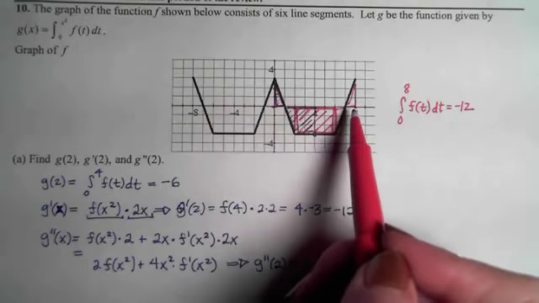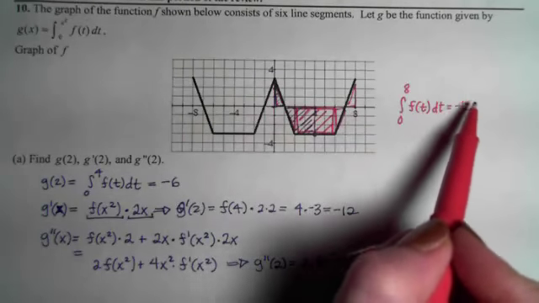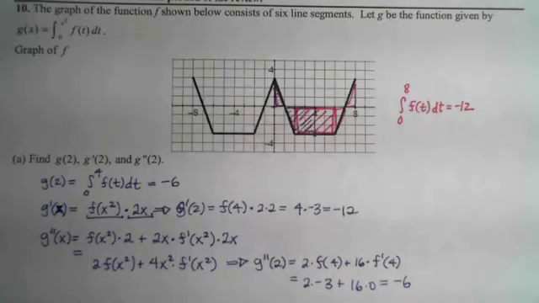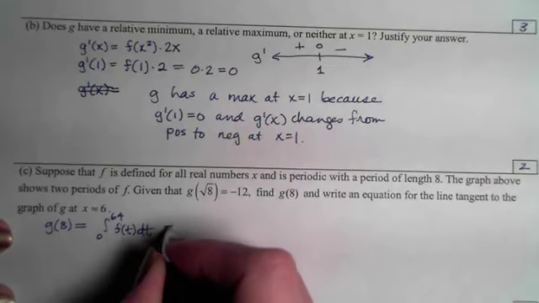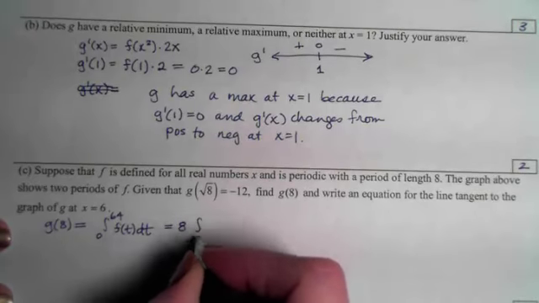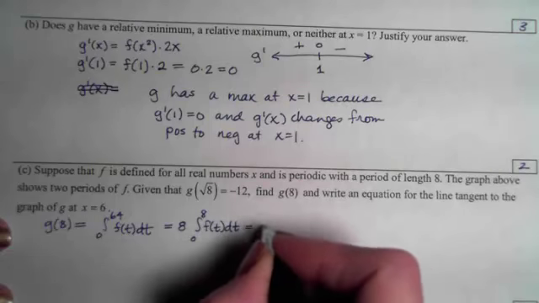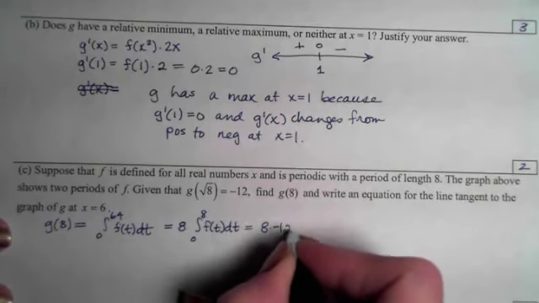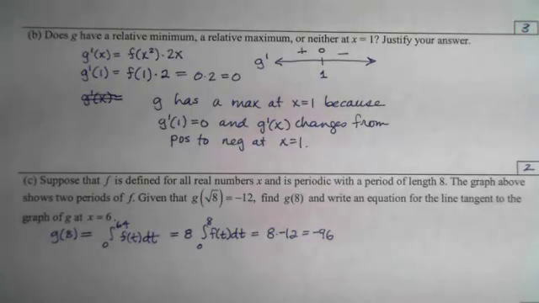So it's going to take 8 repetitions to get to 64, and each repetition is going to be accumulating negative 12. So down here we can get that this will be 8 of the accumulations from 0 to 8, which will be 8 times that negative 12, or negative 96. So there's 1 point for that.